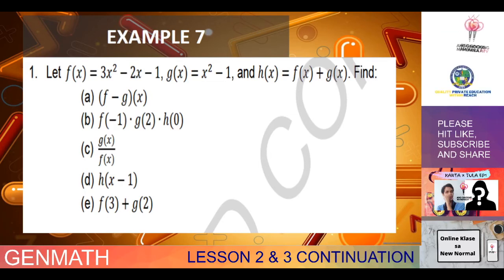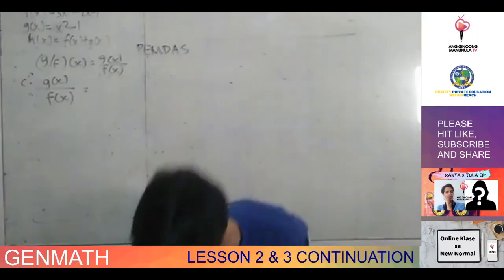So, di ba, pwede natin siyang isulat as g over f of x is equals to g of x over f of x. Okay.